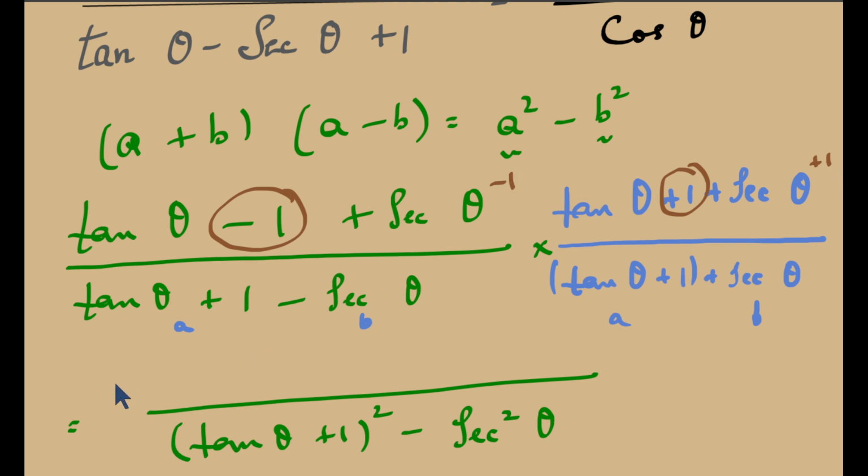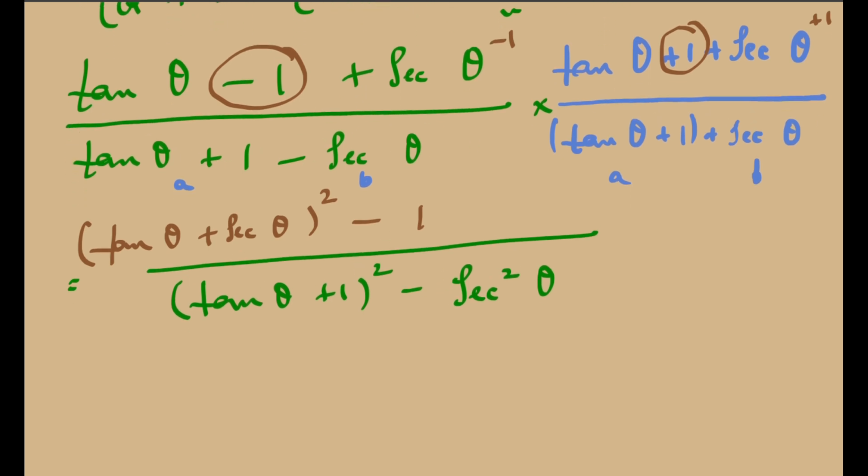So let me rewrite it. You have tan theta plus secant theta as A, right? So when I multiply, it becomes square, and your B is, here it is minus 1 and here it is plus 1. So 1 squared, which I can write as 1.